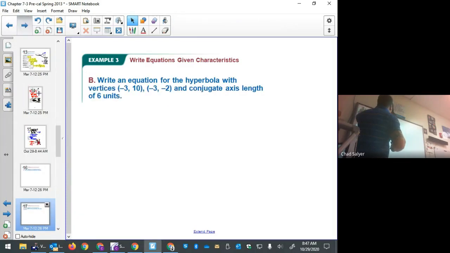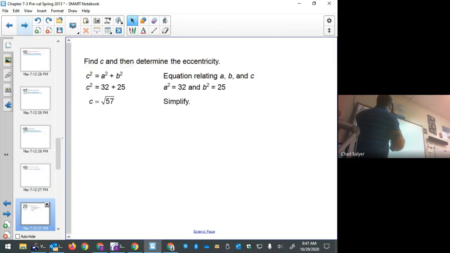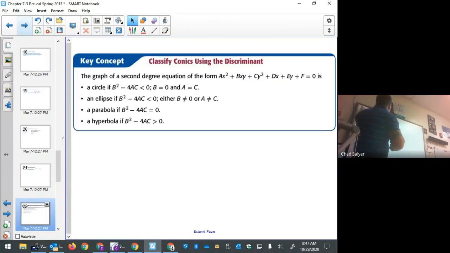Finding a conic by the discriminant. So you've got a standard form for each subset of conic. Standard form for parabola, standard form for ellipse, standard form for a circle, standard form for a hyperbola. I showed you what those all look like. But then you've also got a standard form for all conics. And it's this.